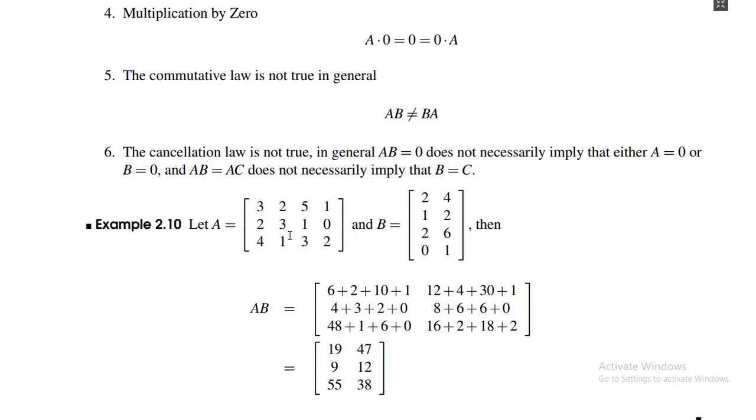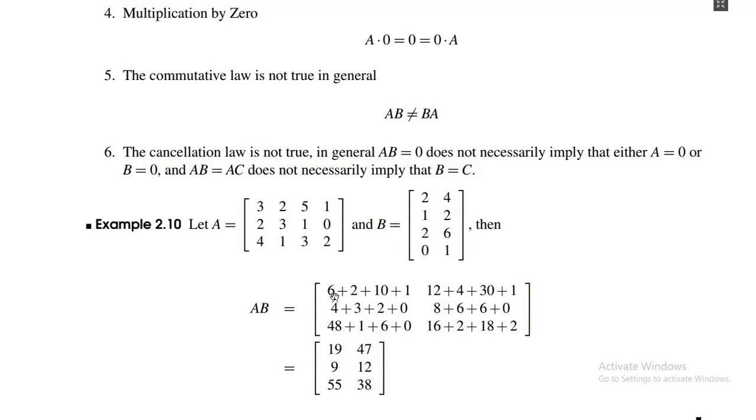And for the second row, 2 times 2 plus 3 times 1 plus 1 times 2 plus 0 times 0, and also 2 times 4 plus 3 times 2 plus 1 times 6 plus 0 times 1. And finally for the third row, 4 times 2 plus 1 times 1 plus 3 times 2 plus 2 times 0, and 4 times 4 plus 1 times 2 plus 3 times 6 plus 2 times 1.